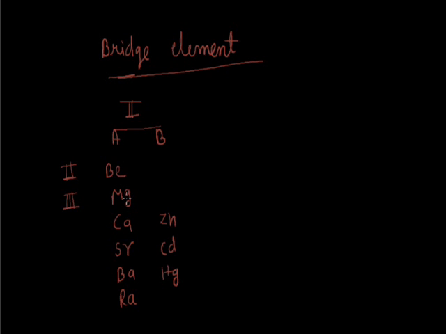So after the third period, there are two pairs of elements, meaning after the third period Mg is connected with calcium as well as zinc. So the Mg is called a bridge element since Mg is connected to calcium and zinc.